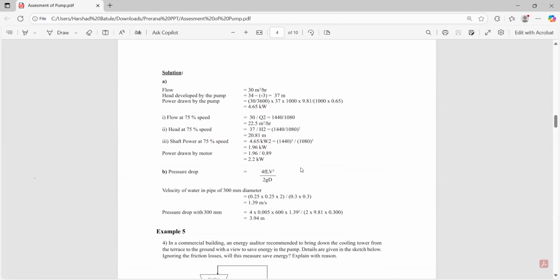If the velocity in the pipe is going to increase, you can see more frictional resistance in a smaller size of pipe. So to calculate the pressure drop, the formula 4 FLV square by 2 GD is given.